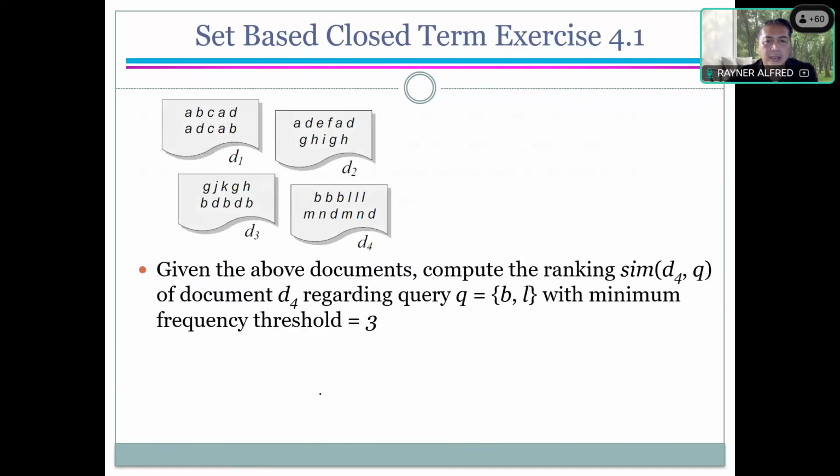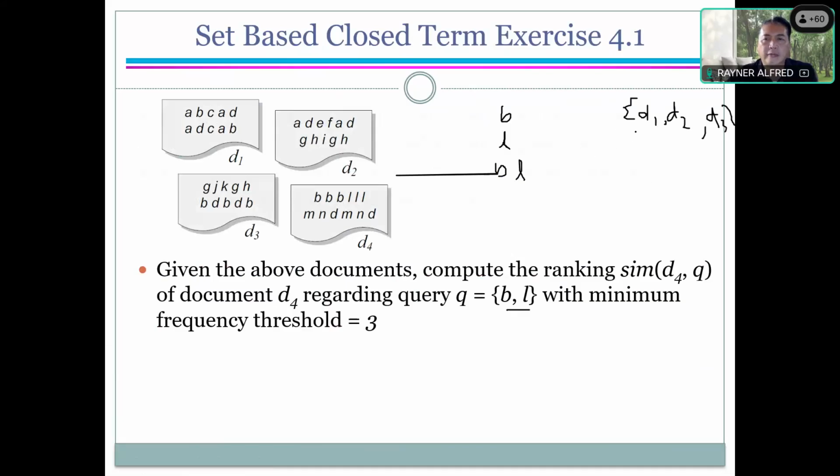So BL, that means we have the pattern B and L. But it says the minimum frequency threshold is 3. So for B, how many documents do we have? D1, D2, and D3. Okay, so this is okay.